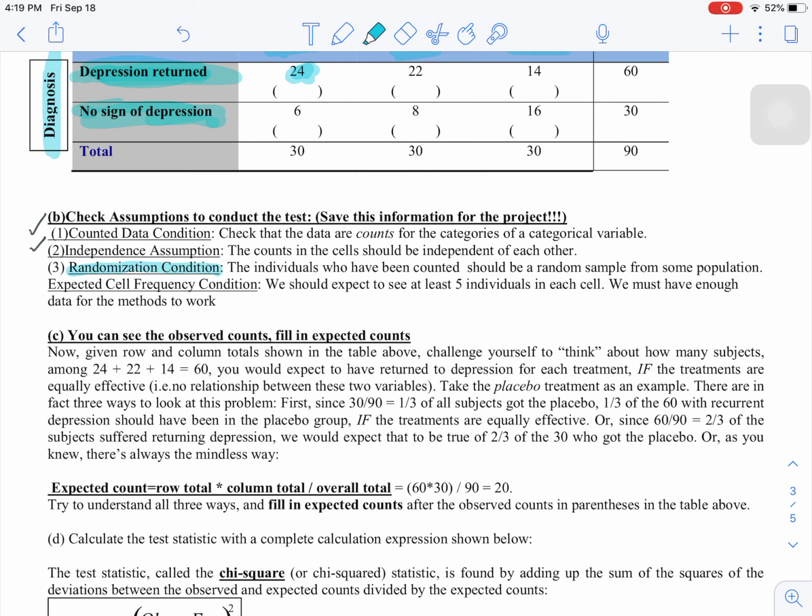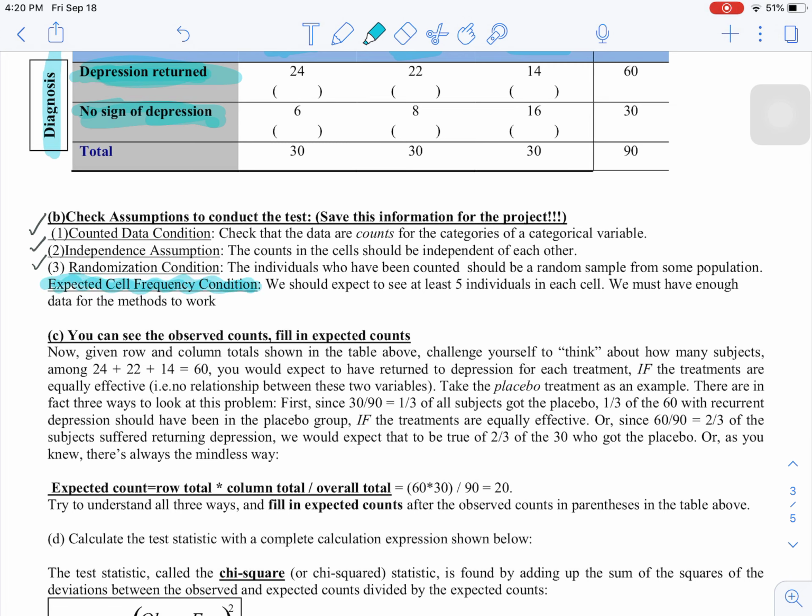Our next condition that we want to check is called randomization. What that requires is that the people in our sample need to be randomly chosen from the population. In other words, the people in our study need to be a random sample from the population. Again, with this one, we typically assume it's true unless we're told otherwise.